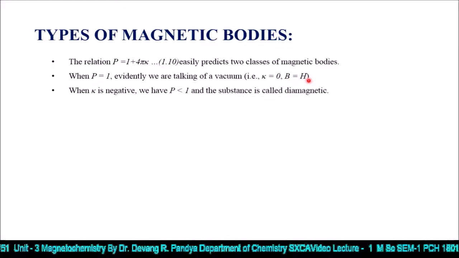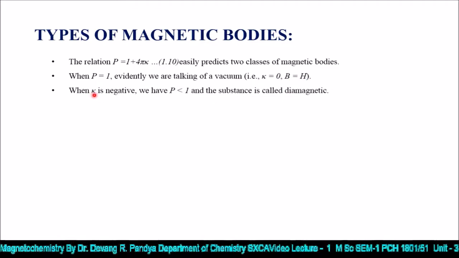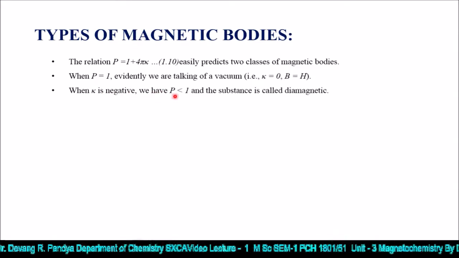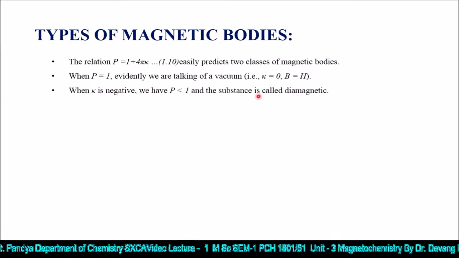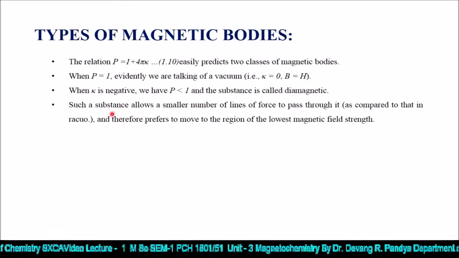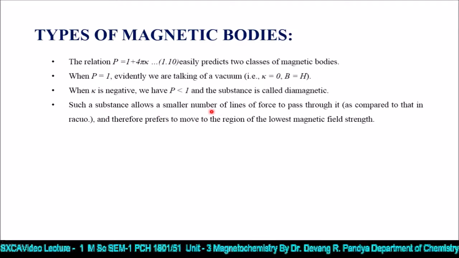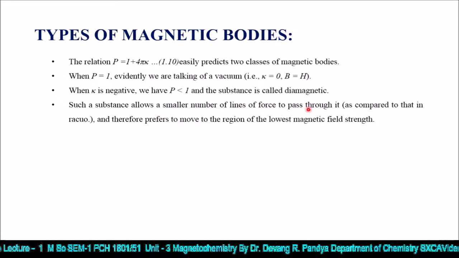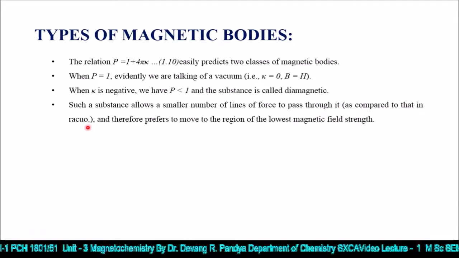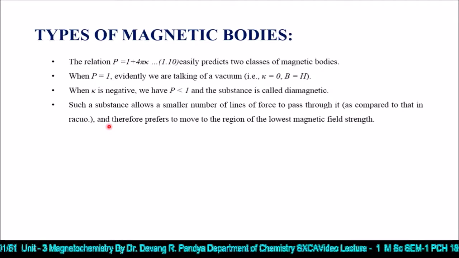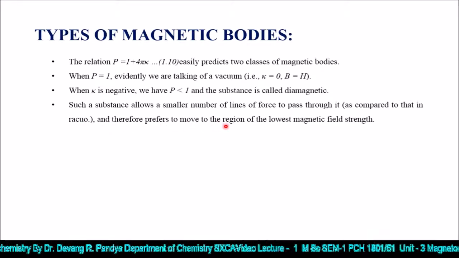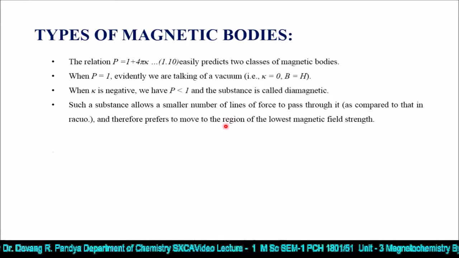Kappa is equal to 0, B is equal to H. When kappa is negative, susceptibility is negative, we have P less than 1 and the substance is called diamagnetic. Such a substance allows a smaller number of lines of force to pass through it as compared to that in the vacuum, and therefore prefers to move to the region of the lowest magnetic field strength.